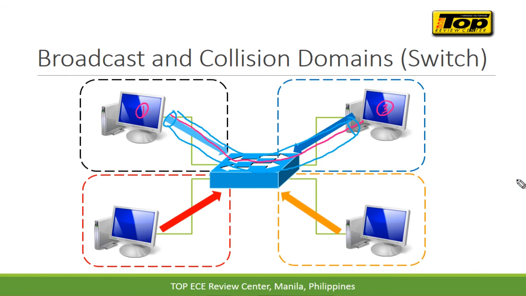And if this PC3, for example, wants to transmit information to PC1, it will again pass through a different tunnel. Okay? So, hindi magkakaroon ng collision between the two devices because they have their own collision domain. Kumbaga nga, sabi nga sa inyo, para siyang may sariling kalsada.